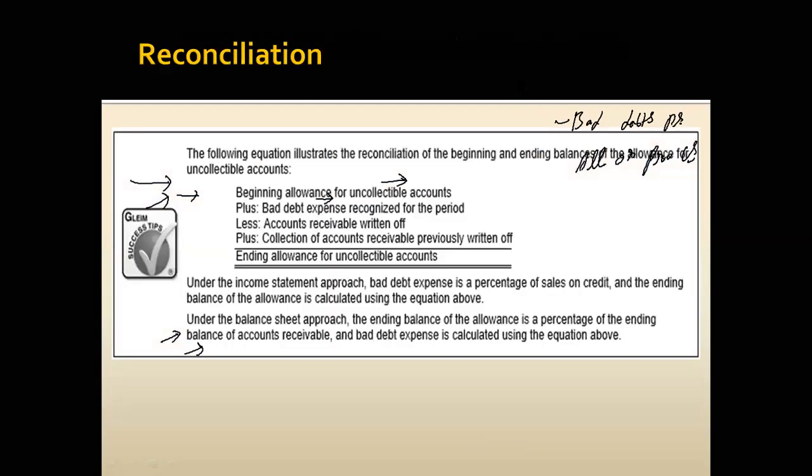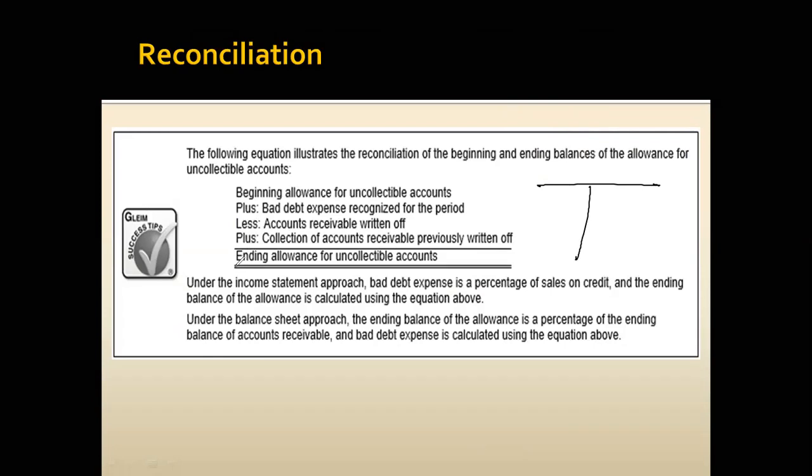Here we have the statement for bad debts expense, provision for bad debts. Normally when the questions come, it's advisable that you make a T account. But here we are understanding through statement form, just to know what things increase the allowance for uncollectible accounts, and what things decrease it.